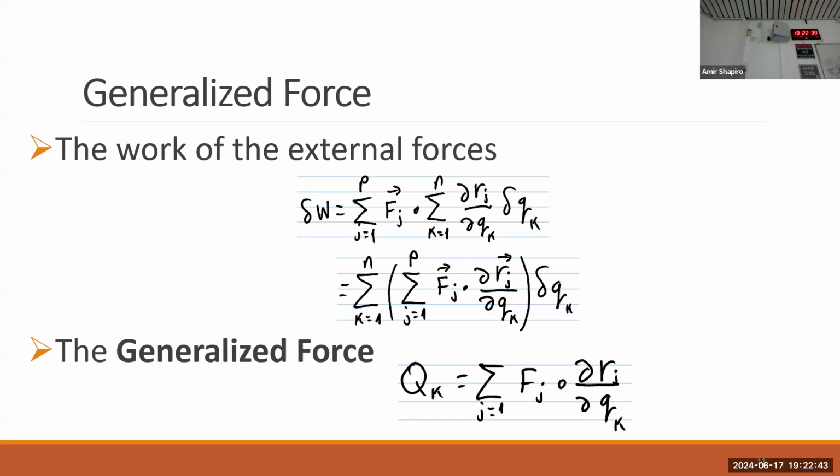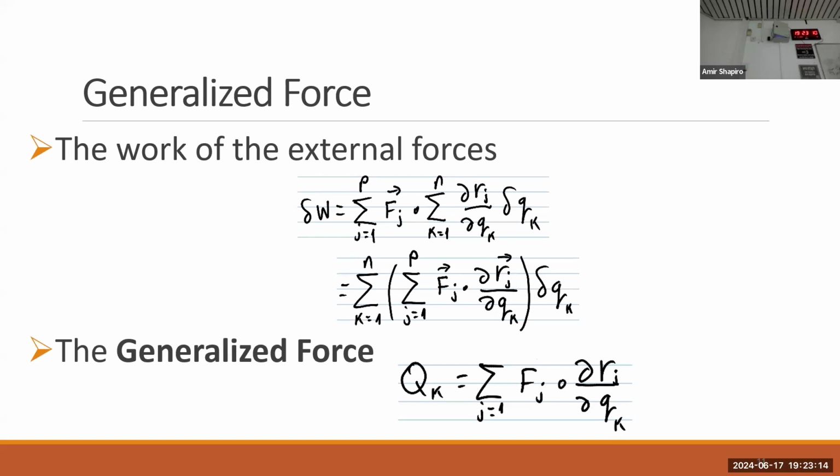So for each configuration, each delta qk, there will be the sum of all the forces times drj dqk. drj dqk is the derivative of the point where the force is acting with respect to the configuration parameters.